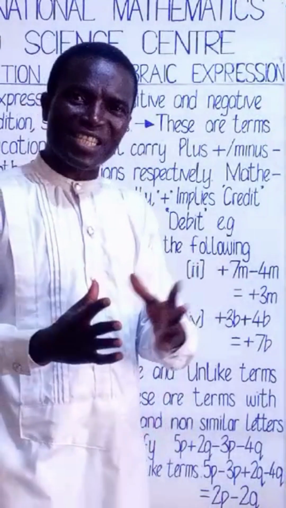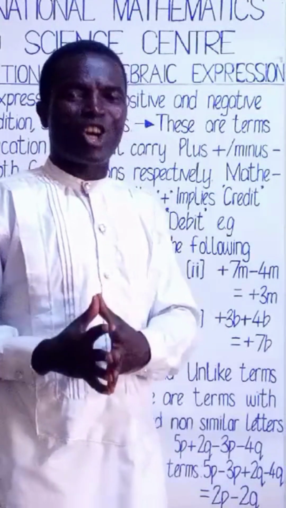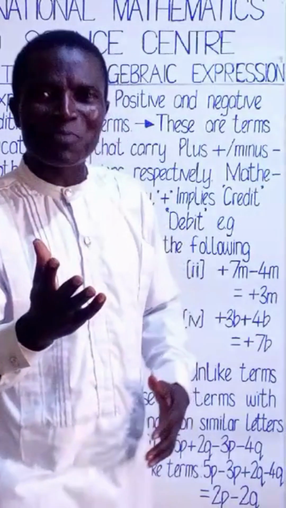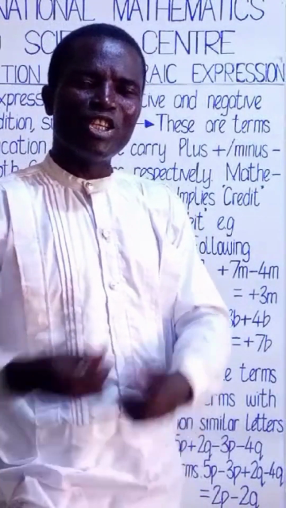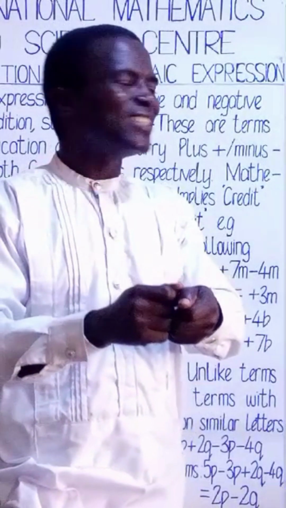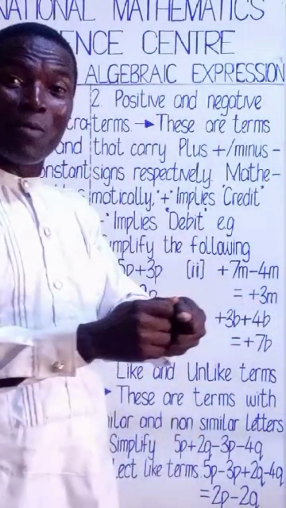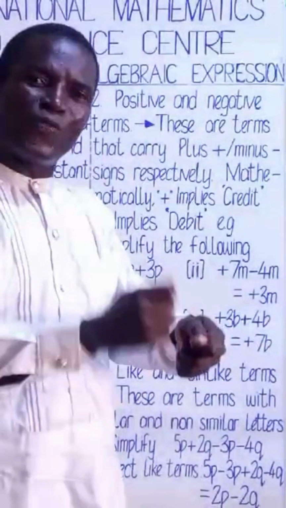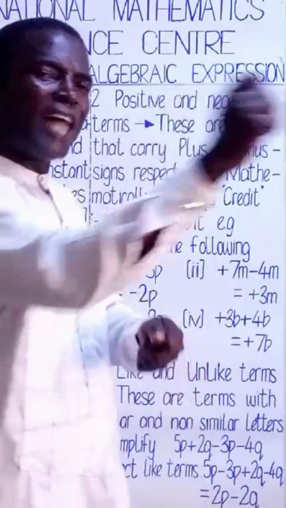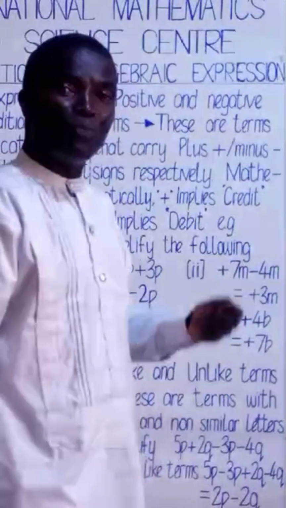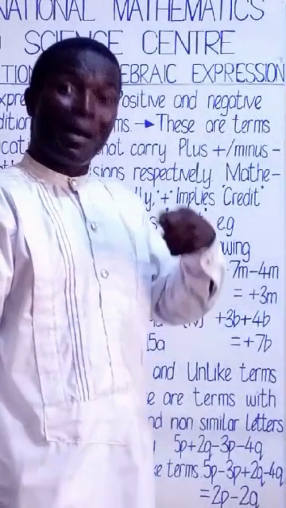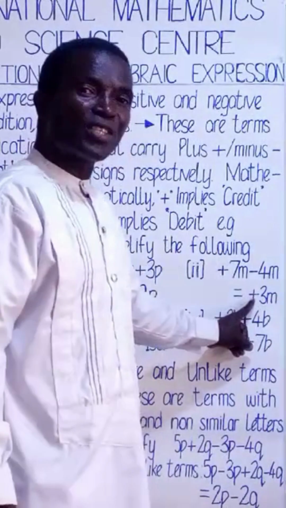And so as soon as the person that you are owing that money comes to you and says, where is my money? You simply dip your hand into your pocket. You bring out 7m, which is the money that belongs to you. You take 4 out of that 7. You hand it over to the person you are owing. Then the amount of money that belongs to you is plus 3m.